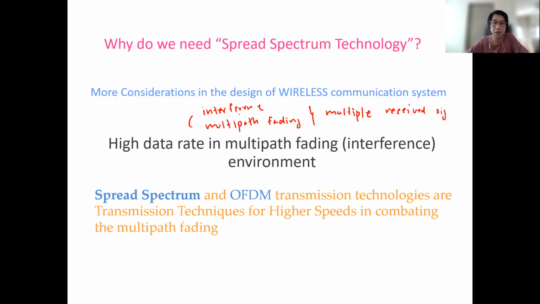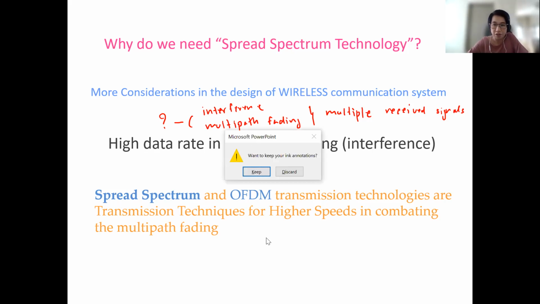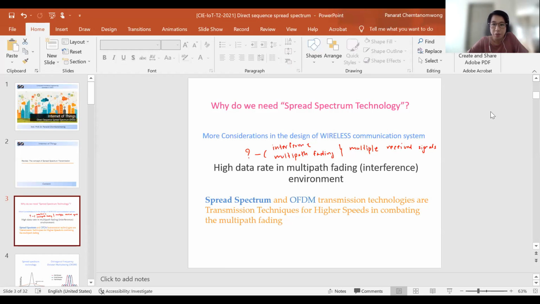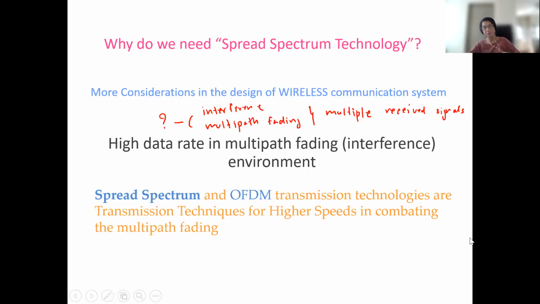These two phenomena have the concept of multiple received signals, right? What is the difference between these two? Can any of you share with your friends? What's the difference between interference and multi-path fading? Can any of you share? Maybe Tawinwit? What's the difference between interference and multi-path fading?